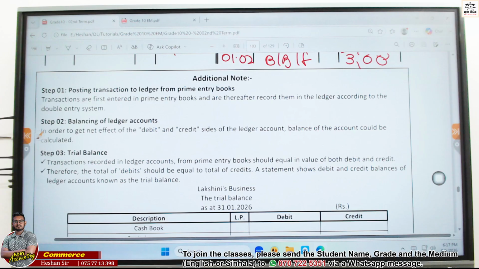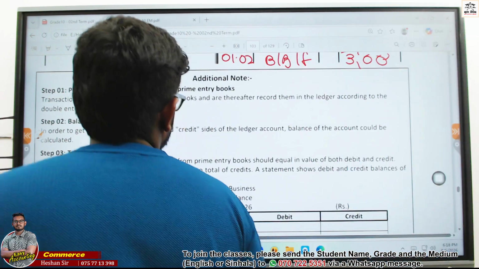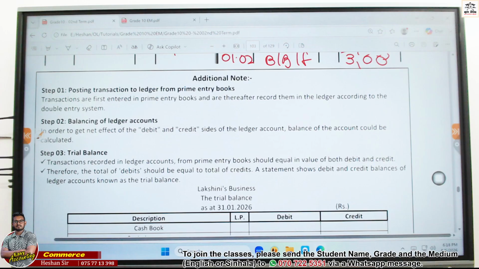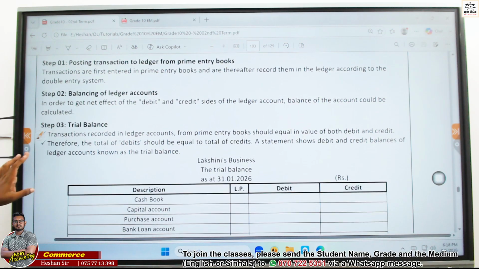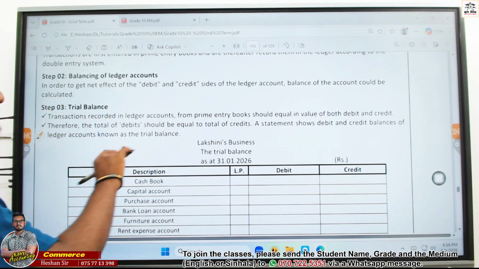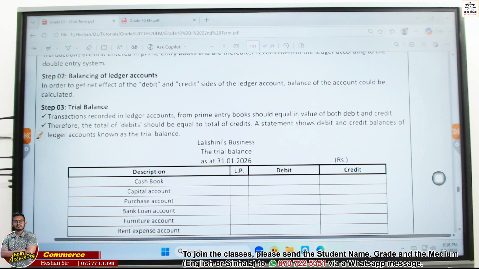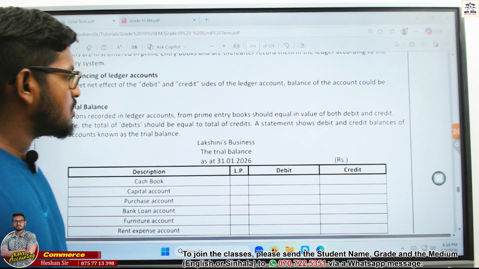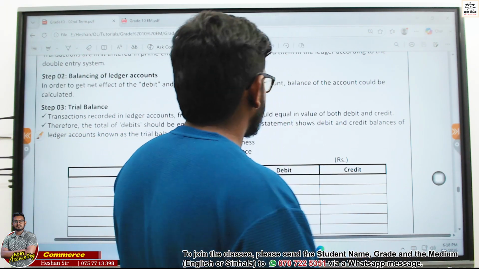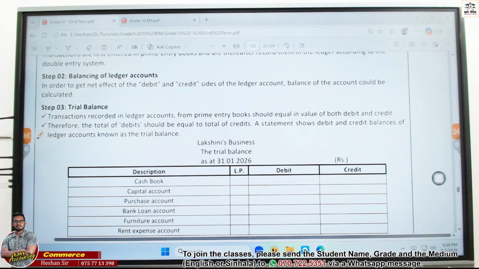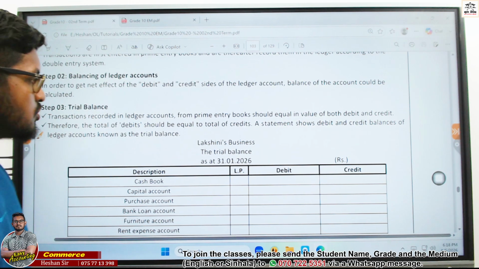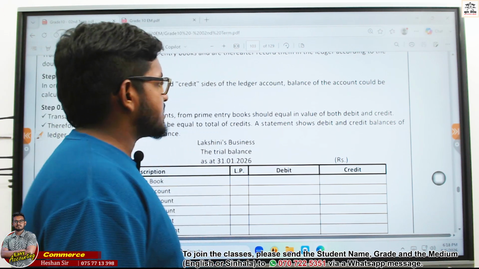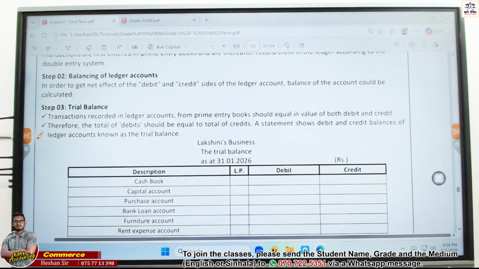Balancing ledger accounts: in order to get the net effect of the debit and credit side of the ledger account, the balance of the account is calculated. Then after balancing the ledger accounts, we prepare the trial balance. Transactions recorded in ledger accounts from primary books should be equal in values of both debit and credit. Therefore, the total of debit should be equal to the total of credit. The statement showing debit and credit balances of ledger accounts is known as the trial balance.